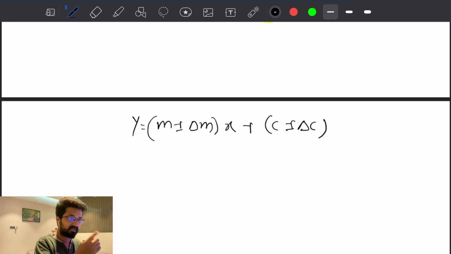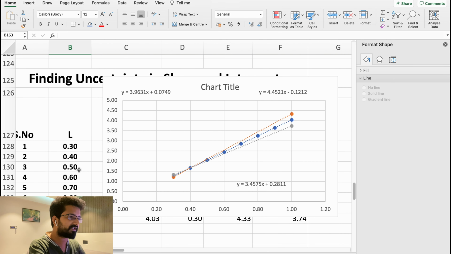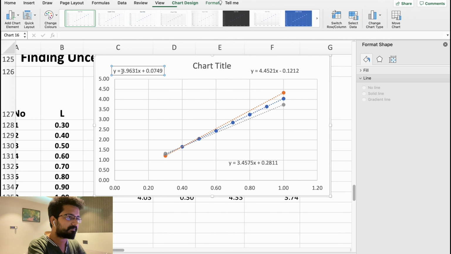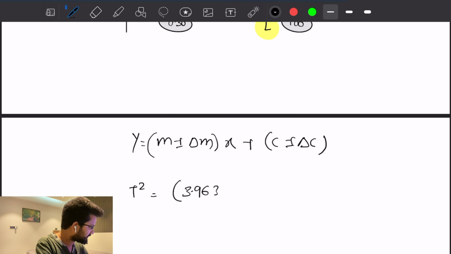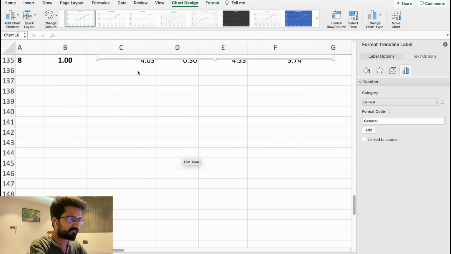What is y in my experiment? It is the square of the time period, T squared. What is my slope? The slope of the line of best fit is over here, 3.963 plus or minus the uncertainty in the slope, which is 0.5, right?